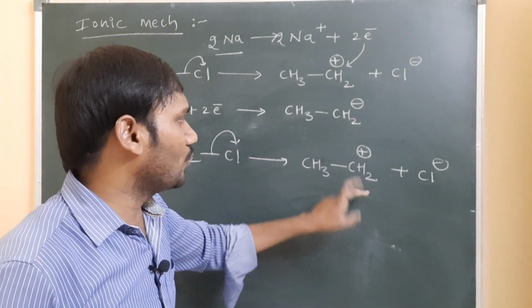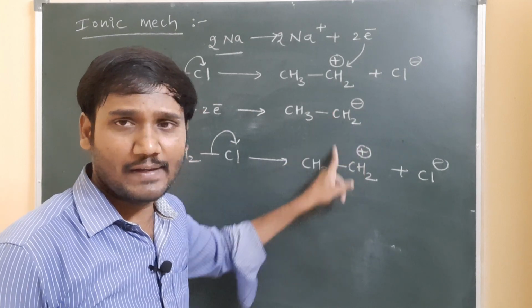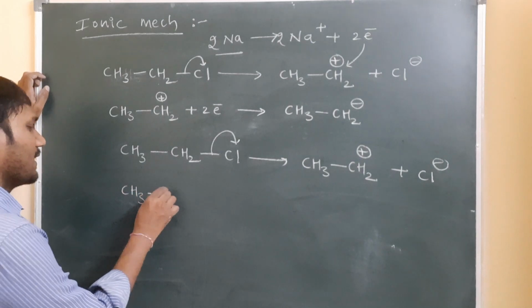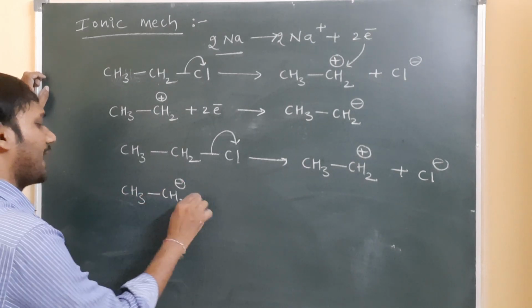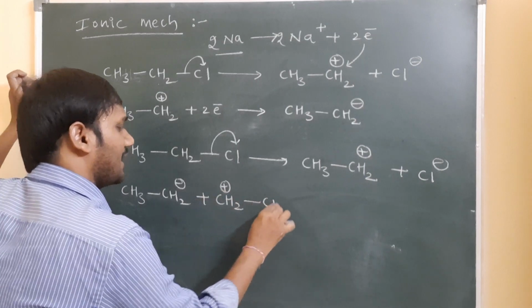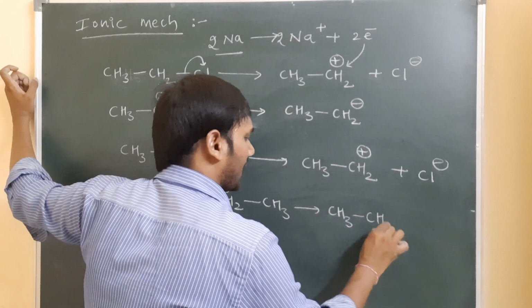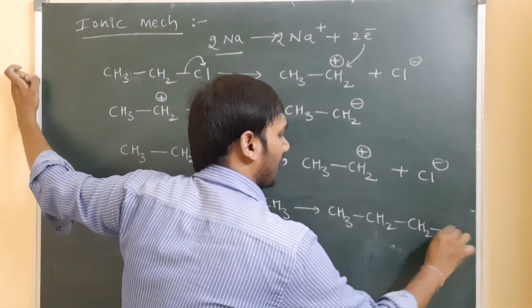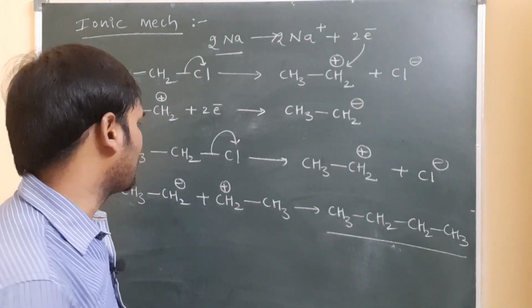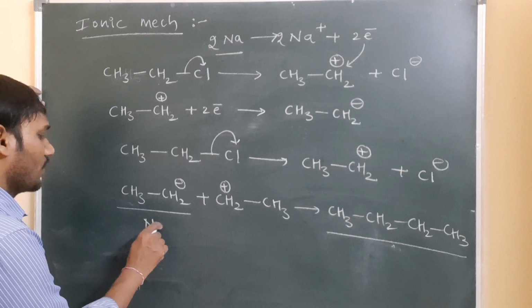Now, of these two species, one is negatively charged and one is positively charged, so they combine: CH3CH2 minus plus CH3CH2 plus gives butane. So the product formed is butane, and we can simply say this is a nucleophilic substitution reaction.